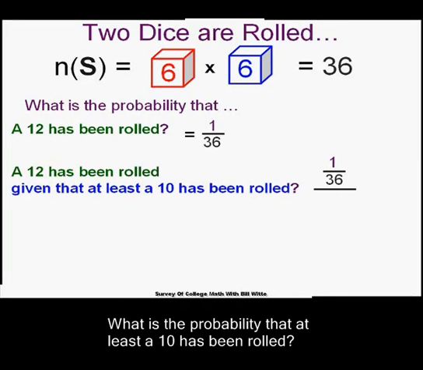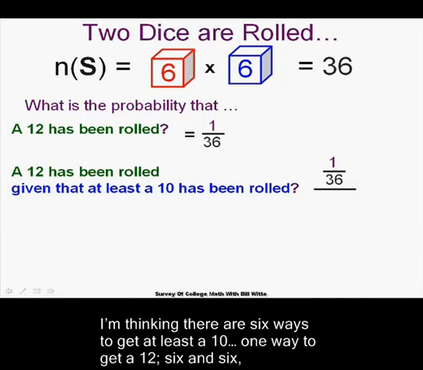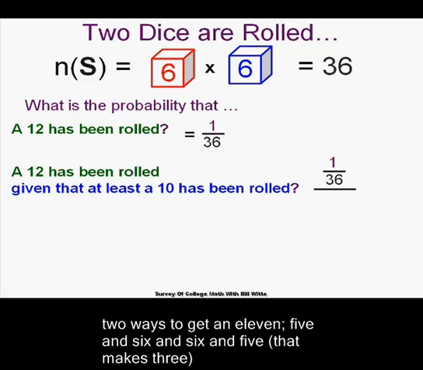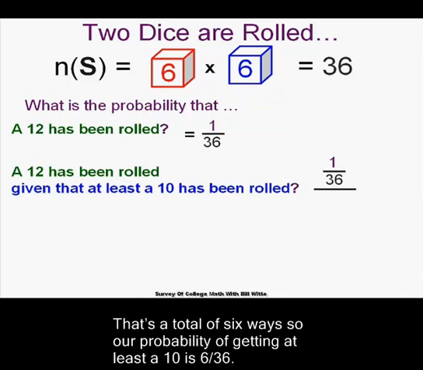What is the probability that at least a 10 has been rolled? How many ways can we have at least a 10? I'm thinking there's 6 ways to get at least a 10. 1 way to get a 12, 6 and 6. 2 ways to get an 11, 5 and 6 and 6 and 5. That makes 3. And then 3 more ways to get a 10, 5 and 5, 6 and 4, or 4 and 6.